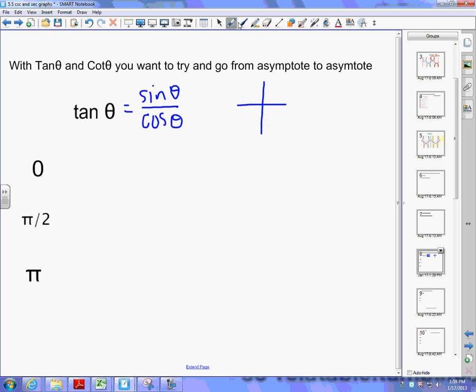You're literally just going to make a graph, plot some points, and see what happens. So tangent of 0, this right here is 1, 0. So you know the sine is 0. Cosine is 1, so tangent is 0 equals 0, so that'll be a good point to graph.